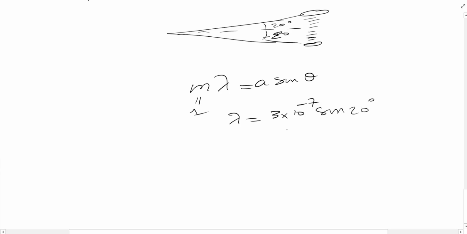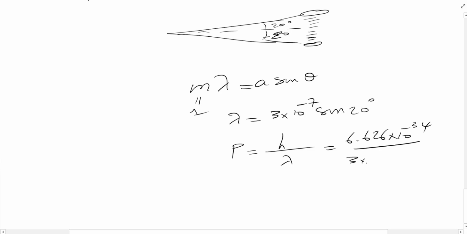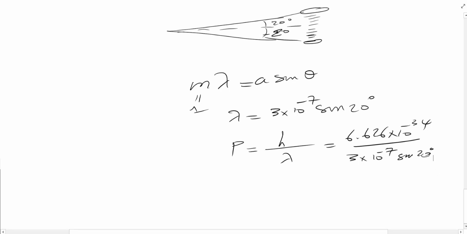And then we use the expression for the momentum, given that the electrons are behaving like waves to do all of this scattering. So p is going to be h over lambda. Again, h is 6.626 times 10 to the negative 34 divided by 3 times 10 to the negative 7 times sine of 20 degrees. So basically, you have found the momentum.